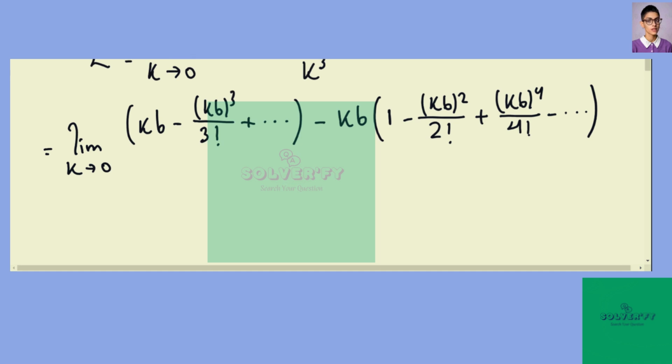So all of this divided by capital K to the 3.